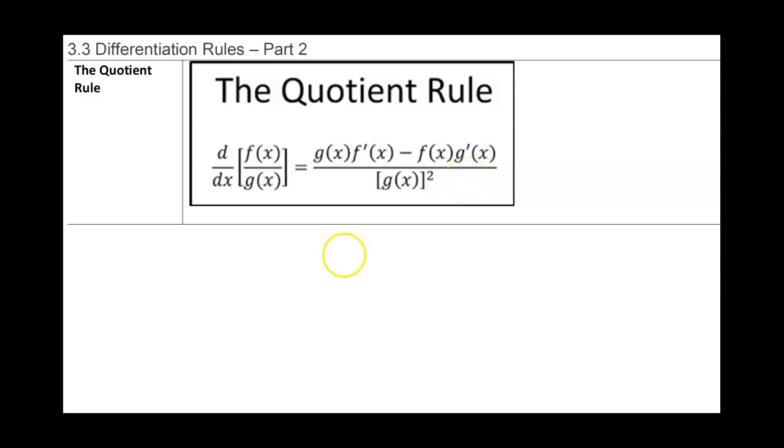In simpler terms, it'll be g f prime minus f g prime, divided by g squared, to get the derivative of f over g.